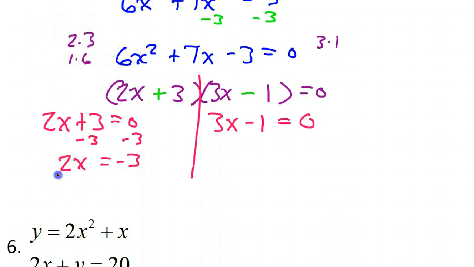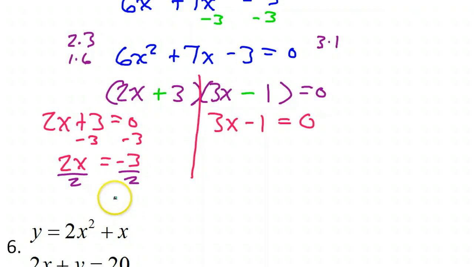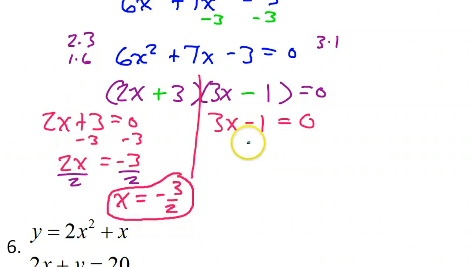Dividing by 2 on both sides, that gives me x equals negative 3 over 2. So that is one x value. Put that in your back pocket.